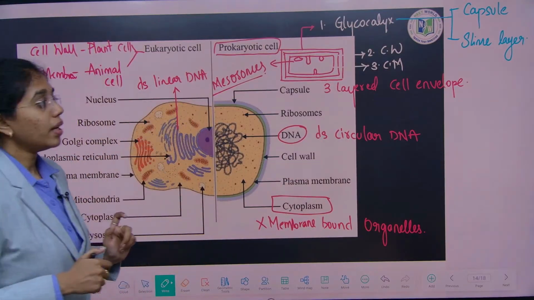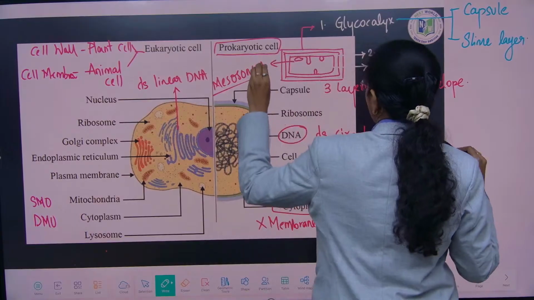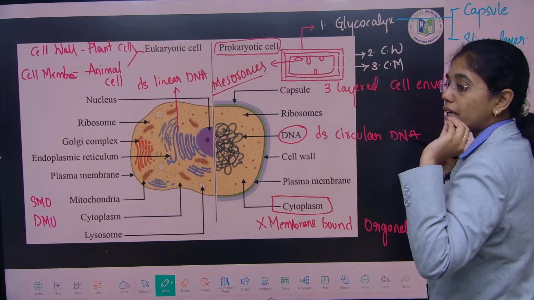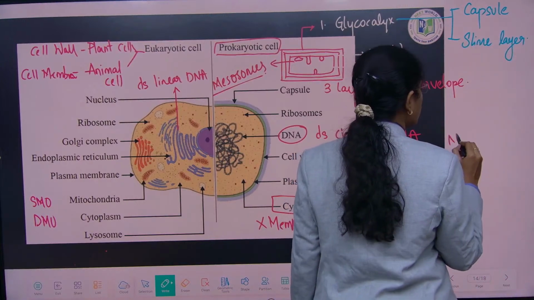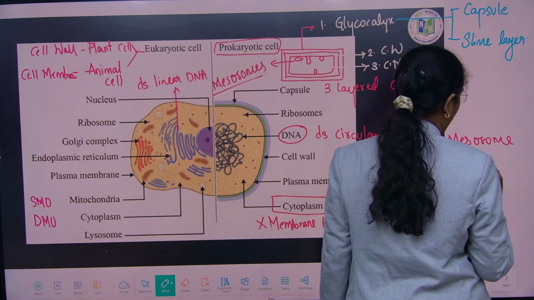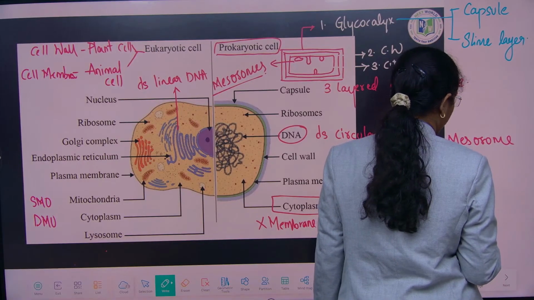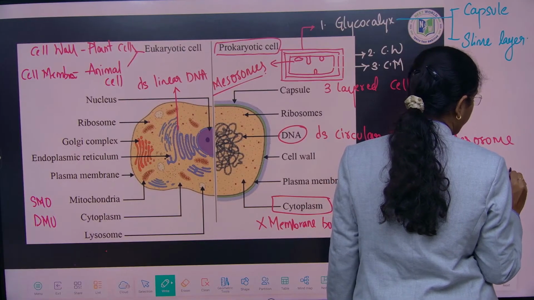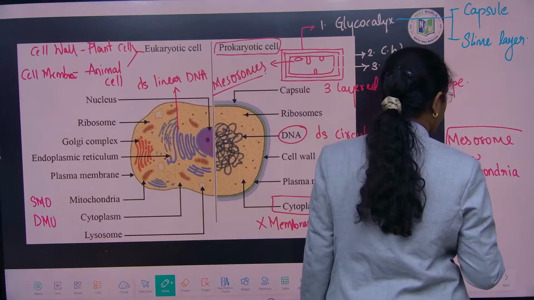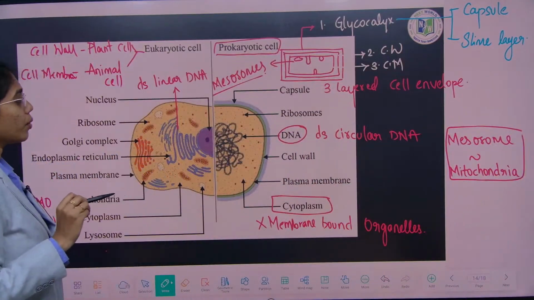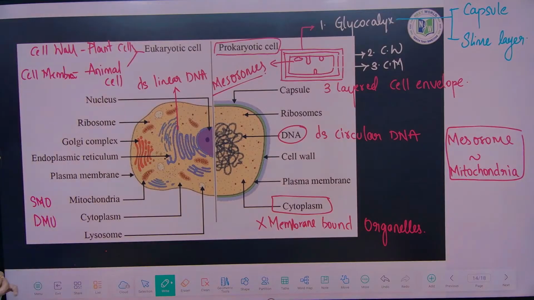One more statement you have to remember: as they perform the activity of respiration in a prokaryotic cell, mesosomes of a prokaryotic cell are equivalent to mitochondria of a eukaryotic cell. These are the basic differences.